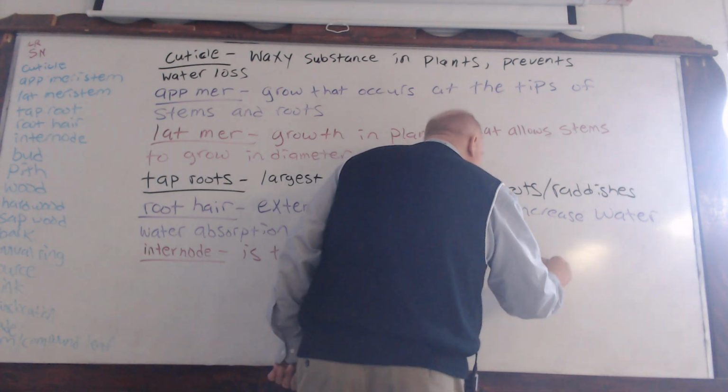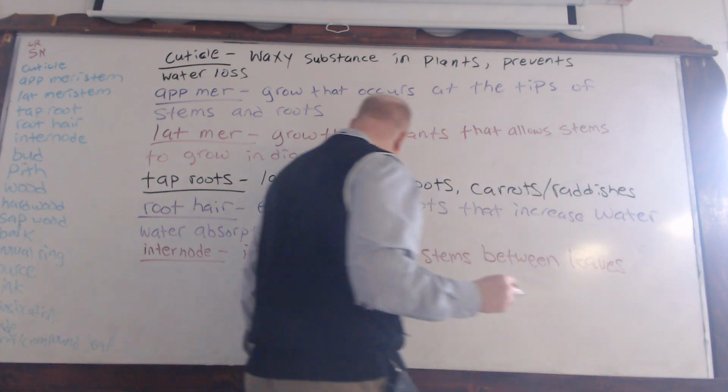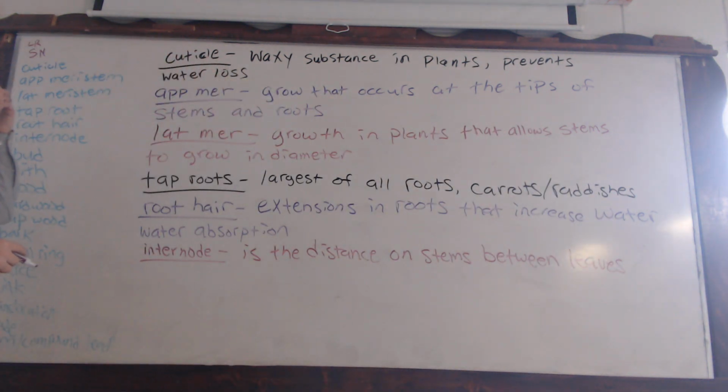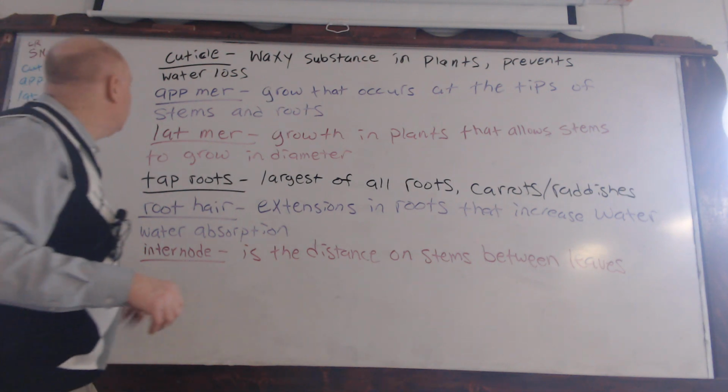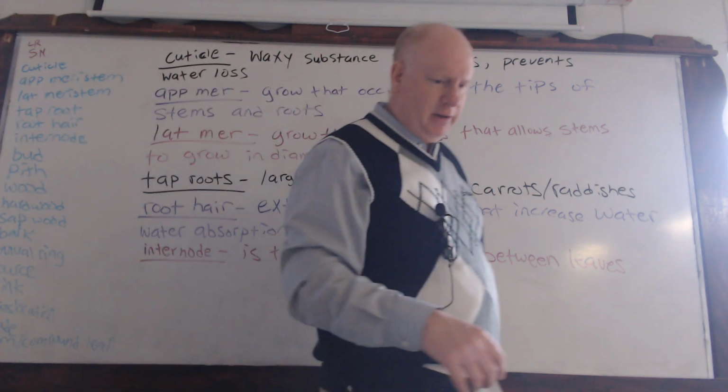Close. It's on the stem, but it's between the leaves. It's a physical distance between two separate leaves that are on the stems. That is an internode. Then as we keep on moving, we've got bud and then pith.